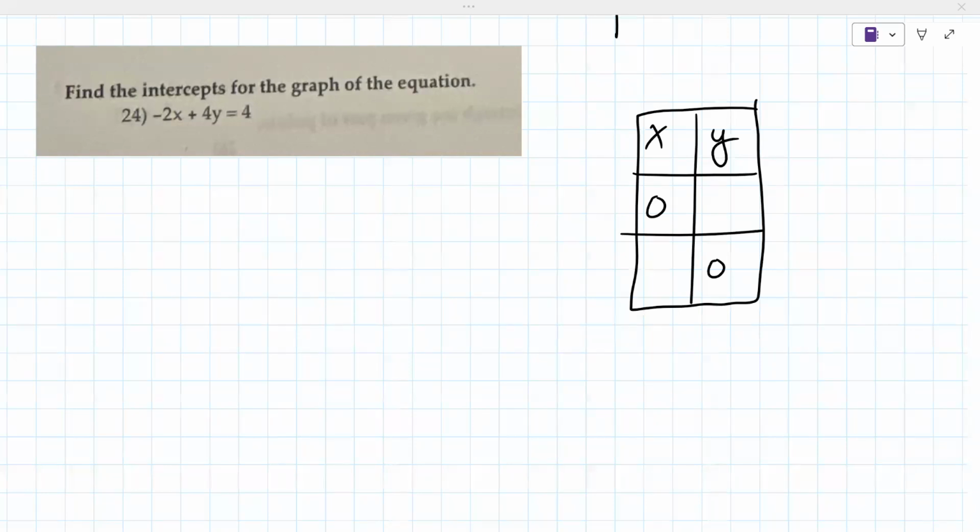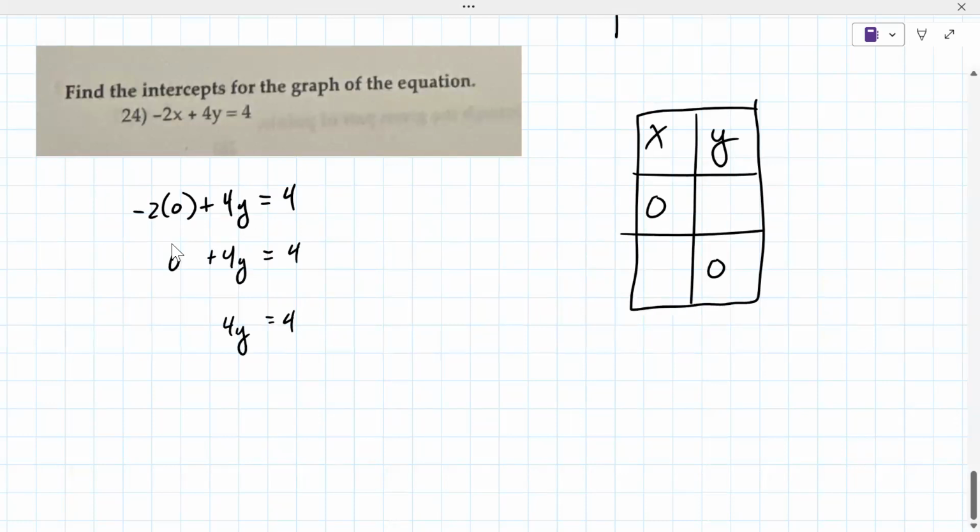Okay, so when you're putting 0 in for y, you're doing the second one or the first one? The first one. Okay, that means you're putting 0 in for x. So what is -2 times 0? 0. And 0 plus 4y, what does that become? 4y.